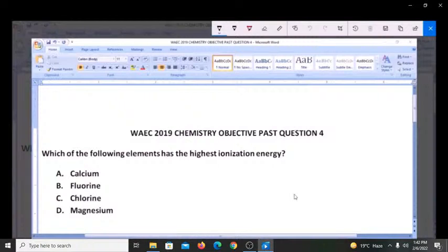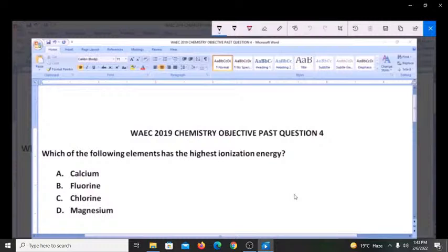Now, an important fact to note is that the more electropositive an element or the atom of an element is, the higher the tendency it has to lose an electron, because electropositive atoms are majorly metals, and basically metals are known as electron donors in reactions.